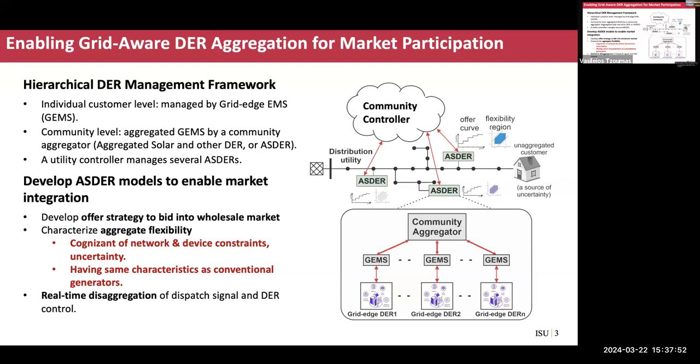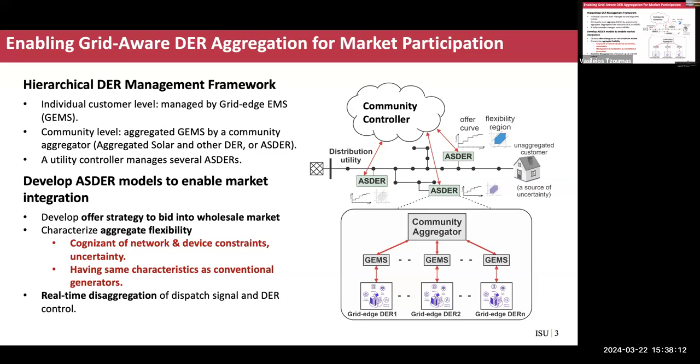But when we aggregate them, what is their aggregated capability in generating power, considering uncertainties and also considering distribution system constraints? That is something, as we will see, is not very trivial to determine. And that's also something that we have to figure out when we are trying to integrate them into the market.